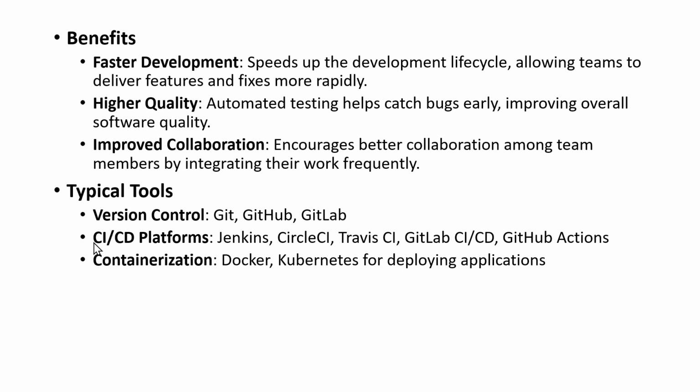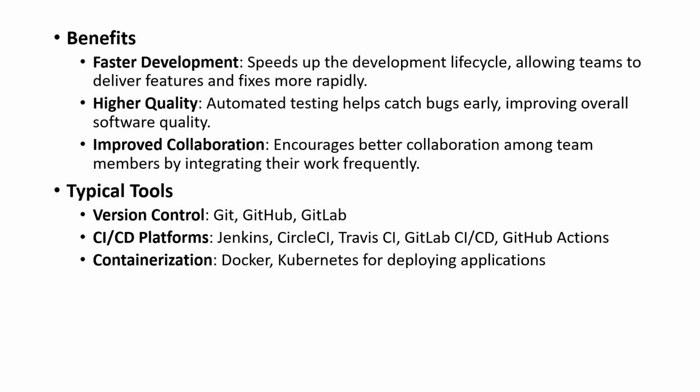For that purpose, we use either Jenkins, Circle CI, Travis CI, GitHub CI/CD, or GitHub Actions. These are the tools we are going to use to automate the process from testing till deployment.